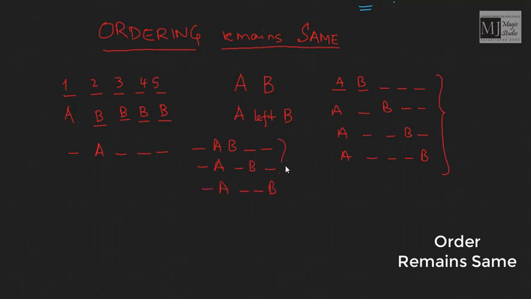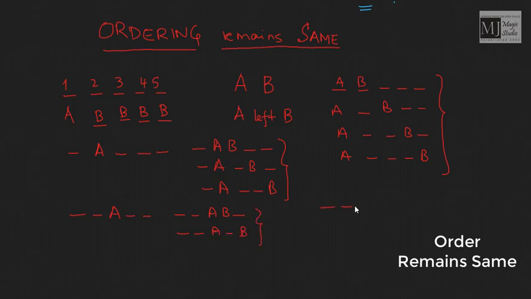In these cases also, A is sitting to the left of B. If A is sitting on chair number 3, we can have two cases.